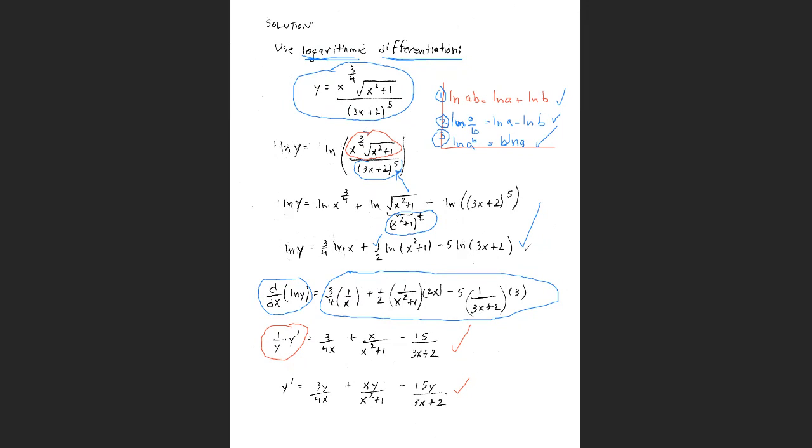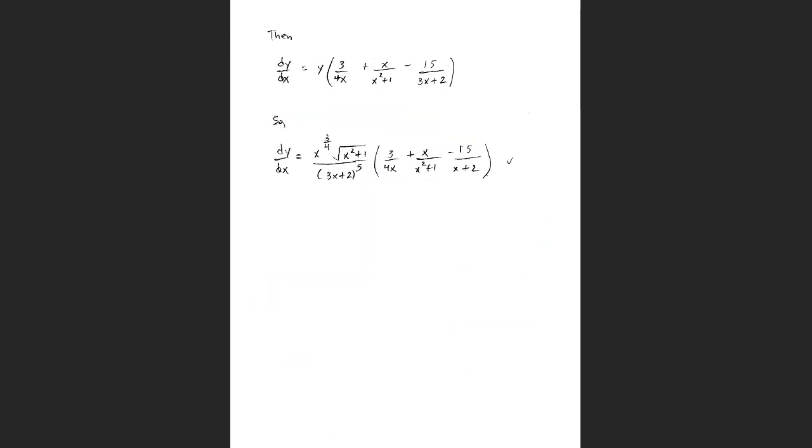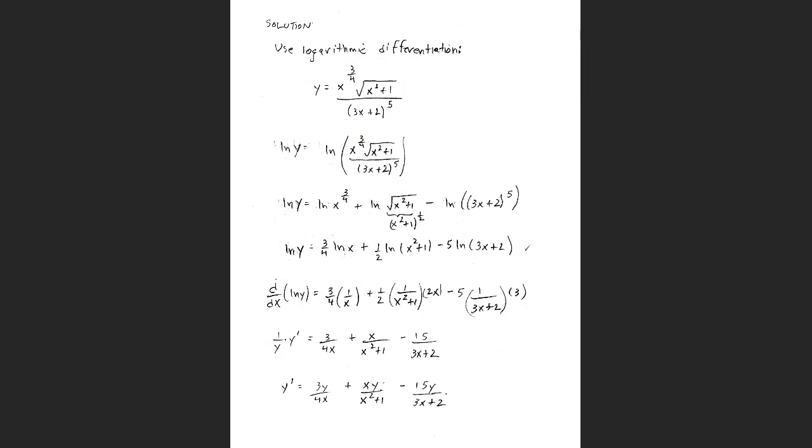So I'll go to the next page. If we're good. I mean, here's what we have. I'll factor the y out, by the way, in our expression here. There's a common factor of y in each term, so I'll factor that y out. And then I replace the y with the complicated function.